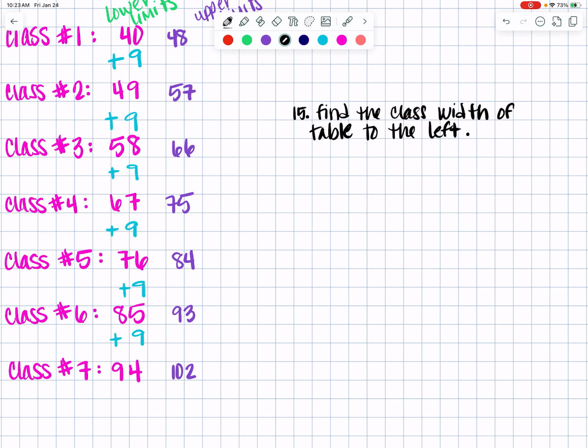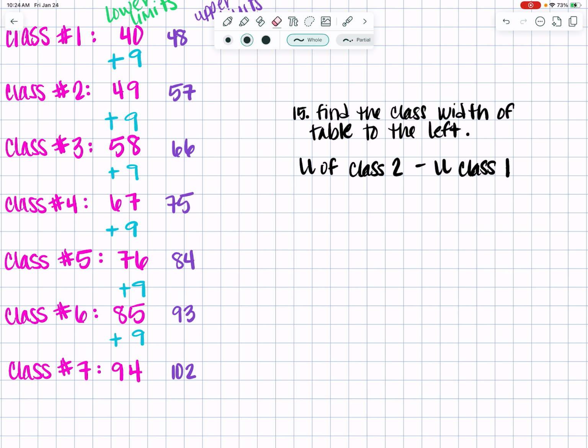This is where you do the lower limit of class 2 minus the lower limit of class 1, or any other two lower limits, as long as you pick them next to each other. So 2 and 3, or 3 and 4, 4 and 5.